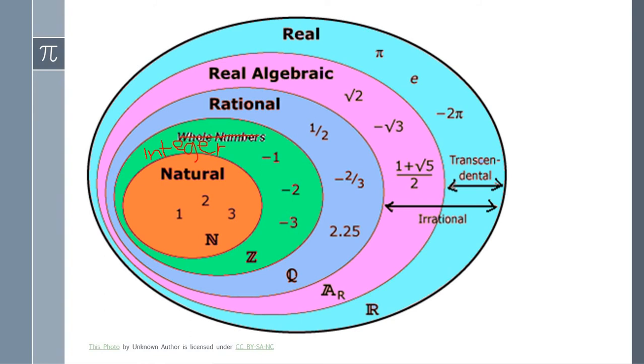Okay? Integers, that's Z. Diba? N is natural. Z is integers. Q is rational. A is real algebraic. R is the real numbers.